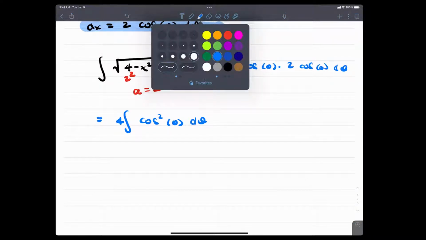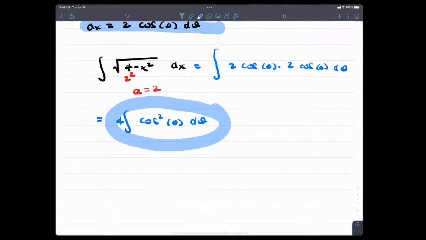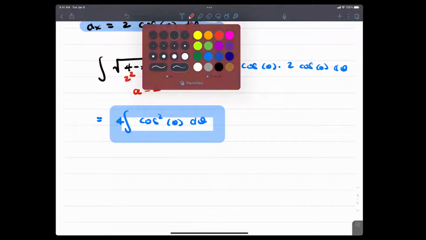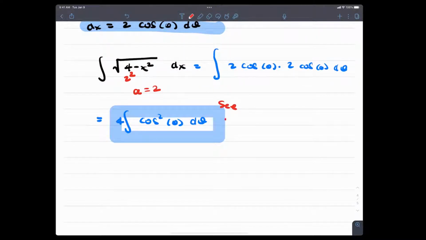So at that point, I just have to say to students here in general, this integral, what I've usually done in the past is just say, see your what? Homework. This is a trigonometric integral. All right, trigonometric integral.